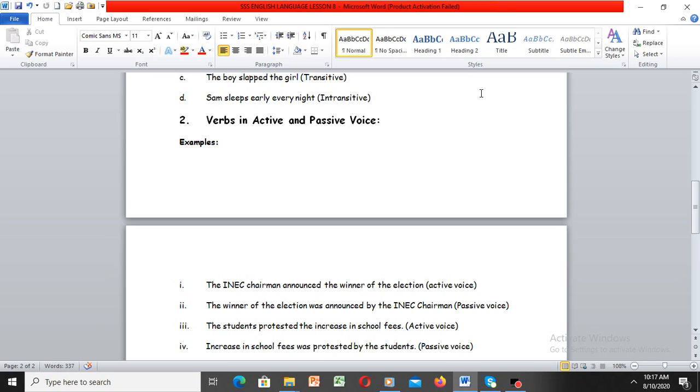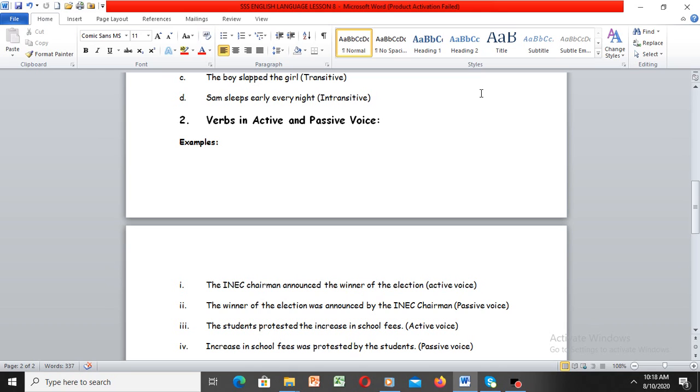Be reminded that a subject in a sentence is the doer of the action of the verb. Therefore, a verb becomes active when the subject is the doer of the action of the verb. However, a verb becomes passive when the subject is the receiver of the action of the verb.